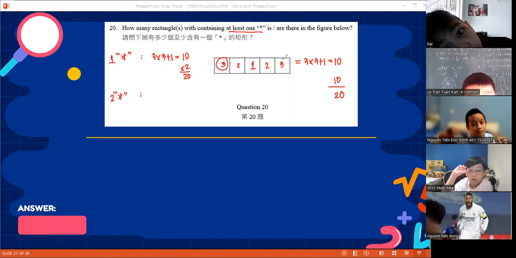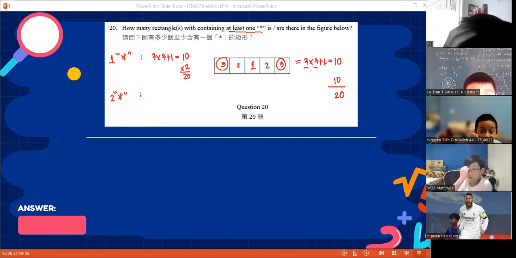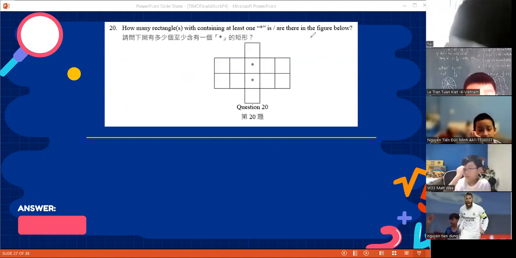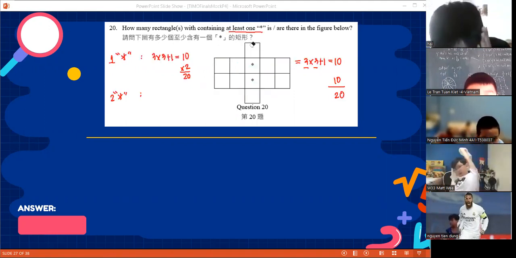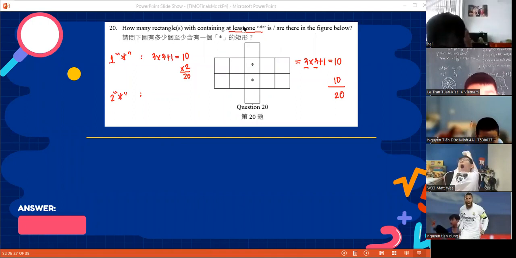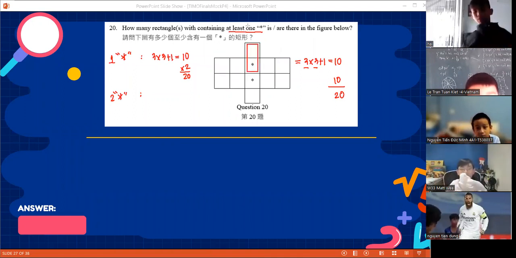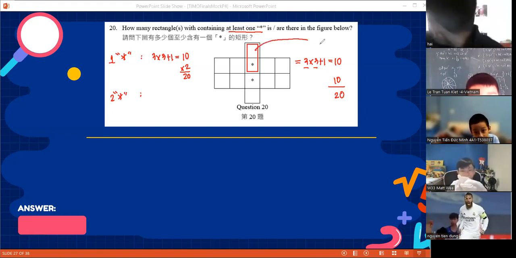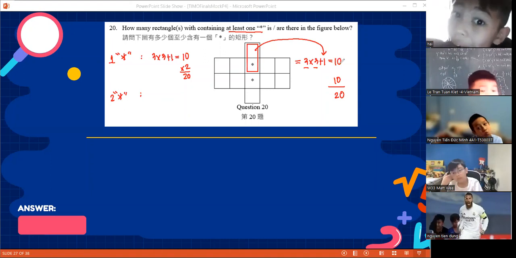You multiply the numbers on the edges. That's why we have 3 times 3, that is 9. Plus 1. Because if you notice, just like what I did earlier, we have this 1, right? So plus 1. So 3 times 3 plus 1, that would be 10.